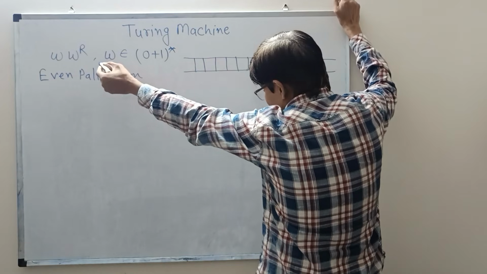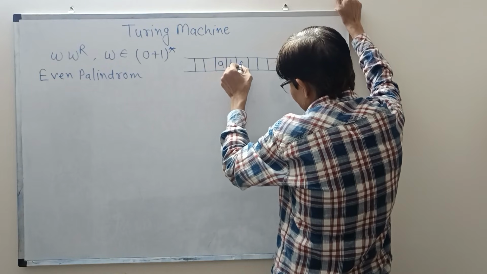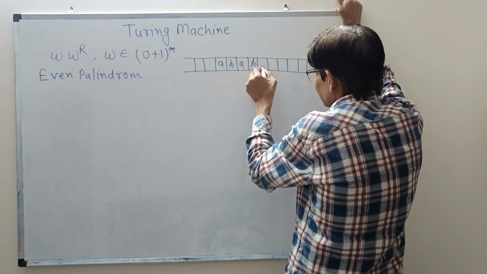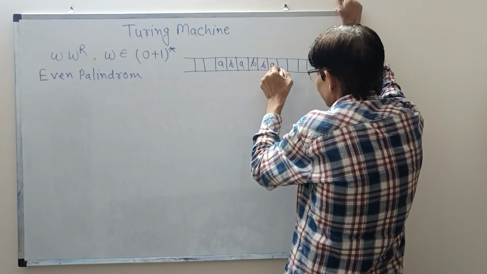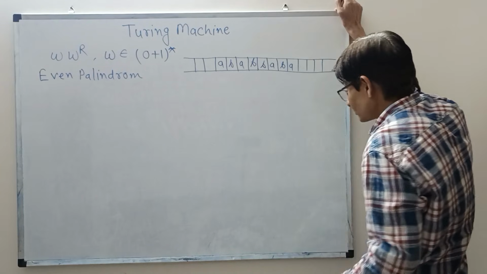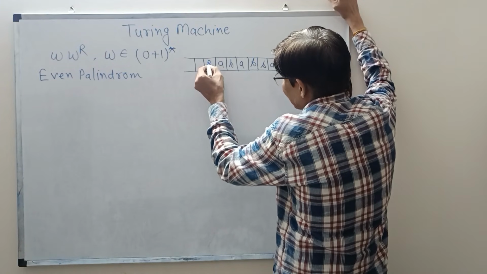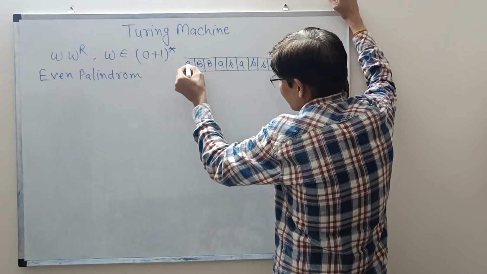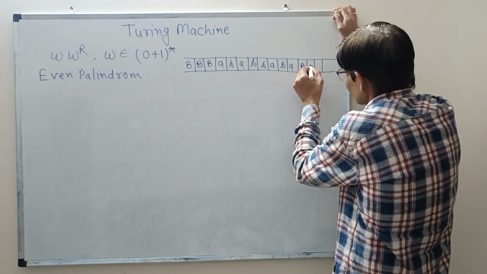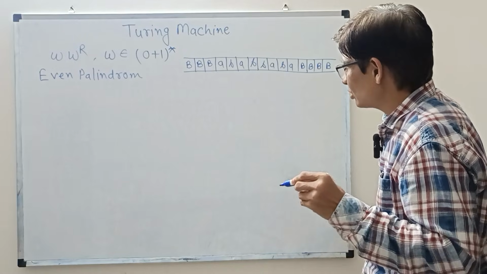Suppose I take one example string from this language as A B, then the reversal of this would be B A, so B A B A. This is one valid string for this language, and the remaining blocks will contain blank, which is represented as capital B. If you remember, friends, this is one of the tuples of the Turing machine. So this is how your input symbols are stored on the tape.